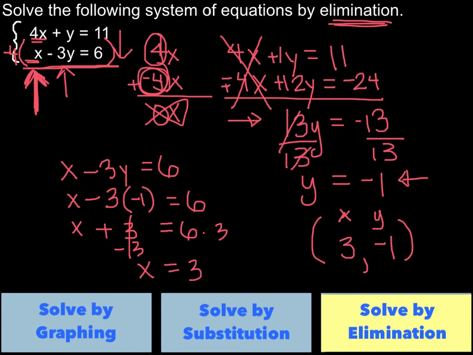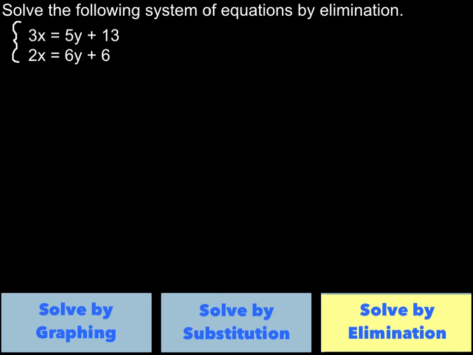Let's do another one. Again, the directions say solve the following system of equations by elimination. As long as my x's and my y's and my numbers all line up, I don't really have to get it in standard form, but I like standard form.